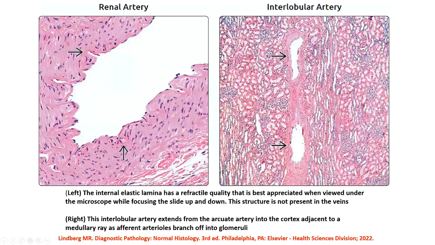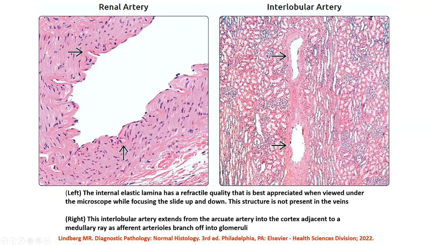Now coming to the vascular elements of the renal cortex, we know that the interlobular artery is the major arterial unit which is present within the lobes, and this interlobular artery will ultimately differentiate into the afferent arteriole, which will drain into the glomerulus. So under the slide, the interlobular artery would look something like this.